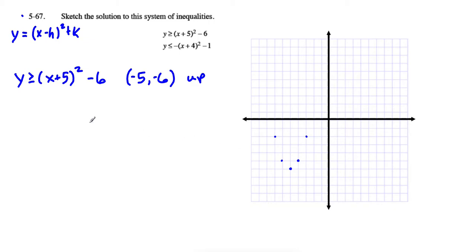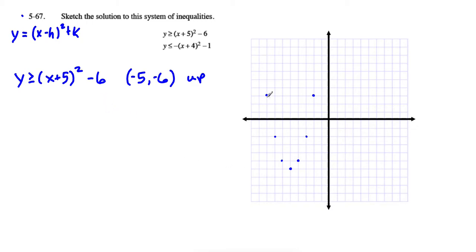Remember, this is because a is 1 in this problem. If I go right 3, that means I'm going to go up 9. And if I just reflect that across my axis of symmetry, I should be right about here.